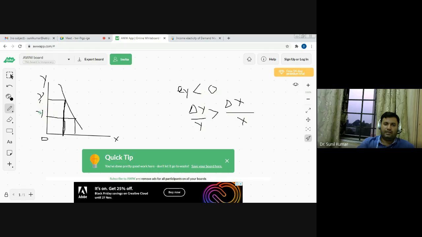And when the income is less, at that time they demanded up to this extent. So that's why you see the huge gap.